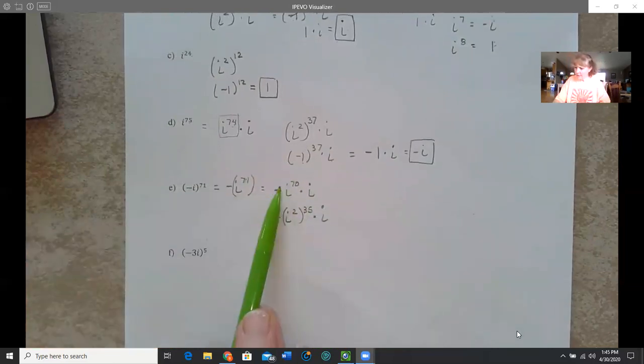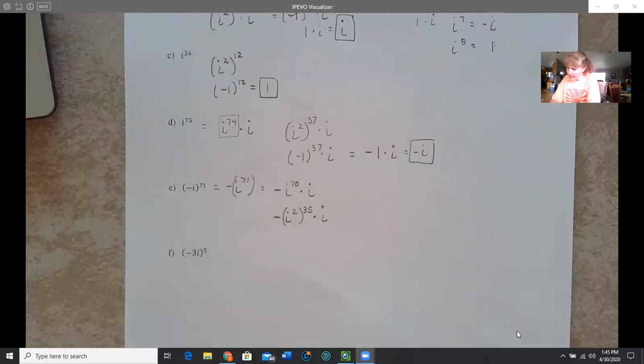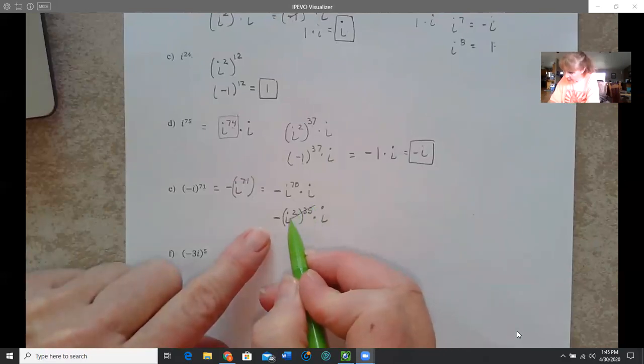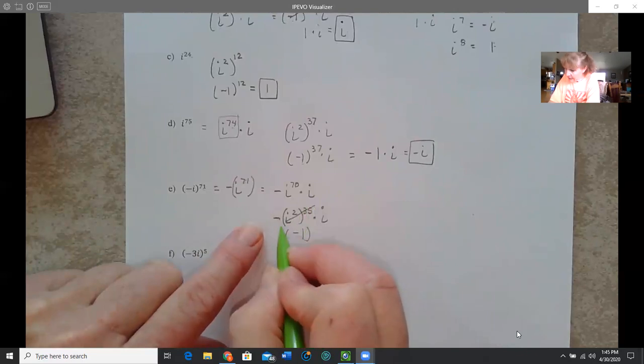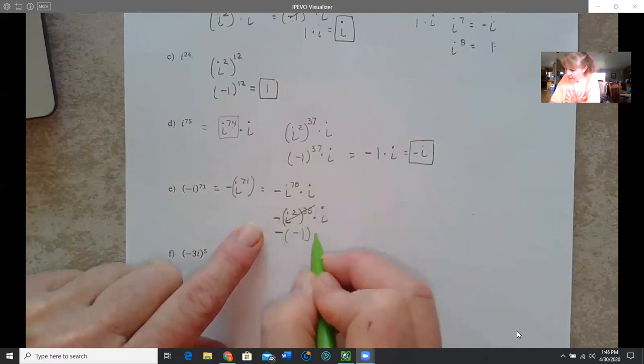So that negative is outside of this. 35 is odd, so that means this is equal to a -1. But you still have this negative, and you still have the i.